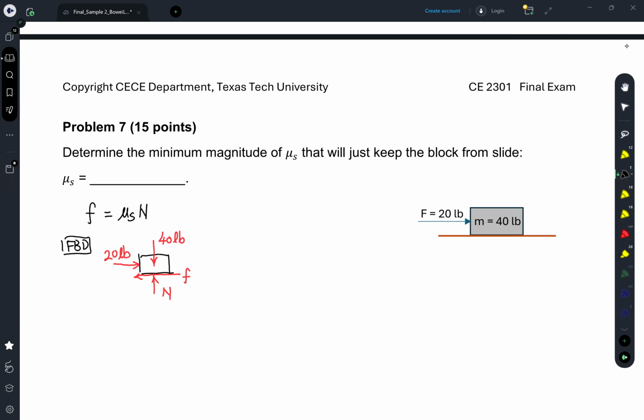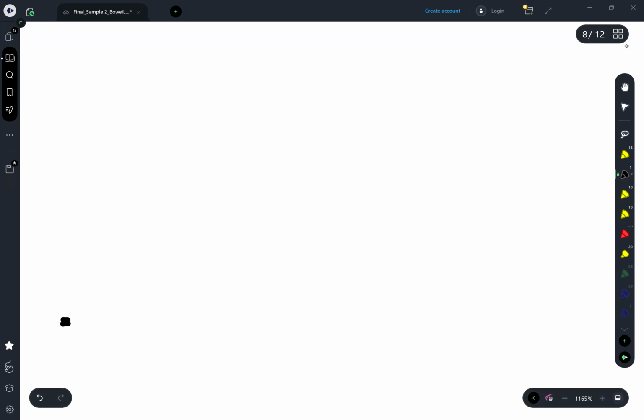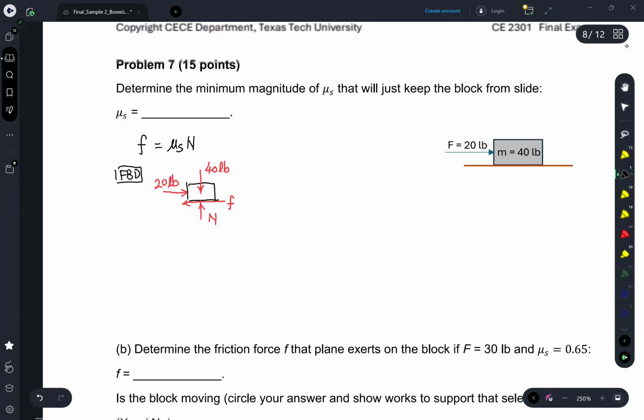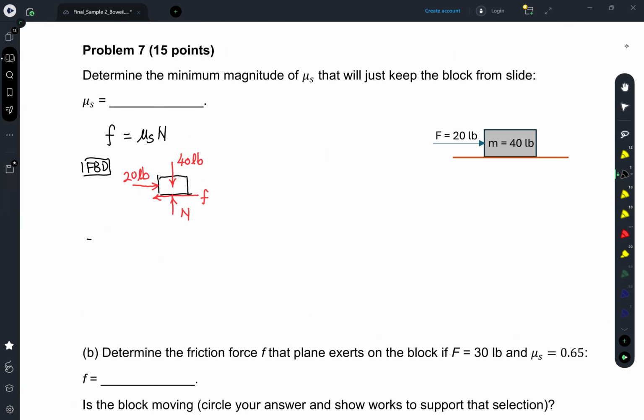Okay, so now the next step is the equations of equilibrium. First, the summation of forces in the x direction equals 0, right?